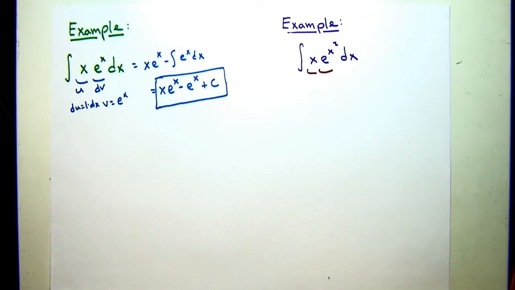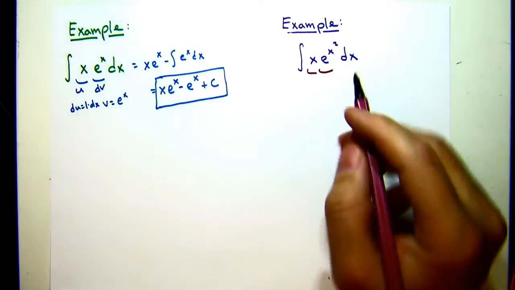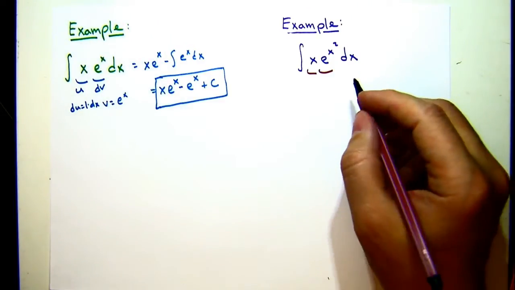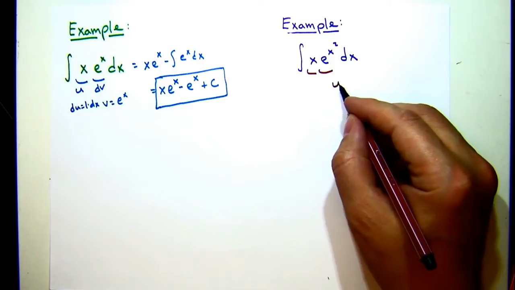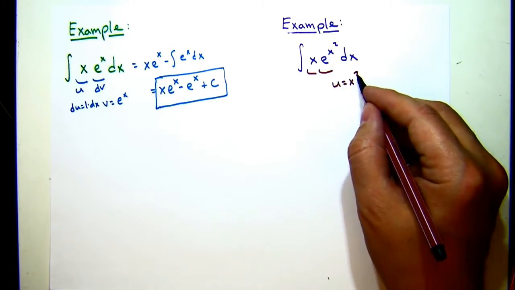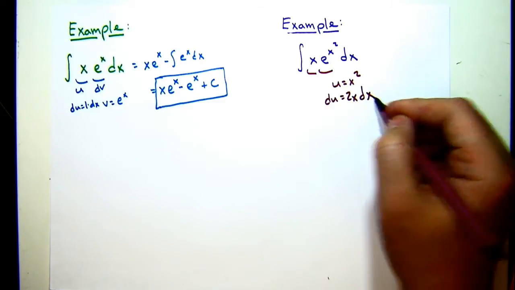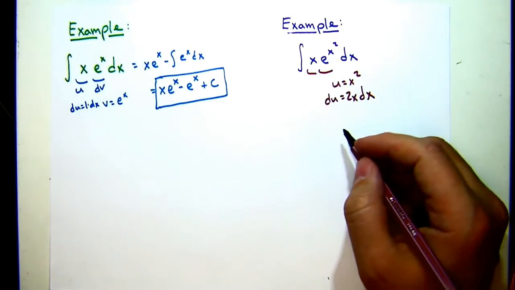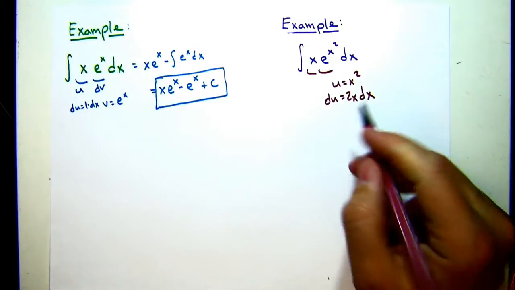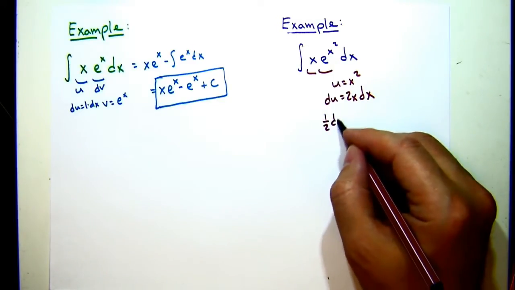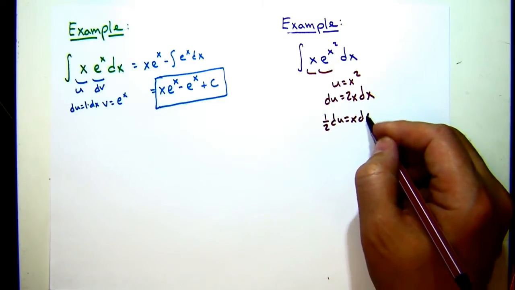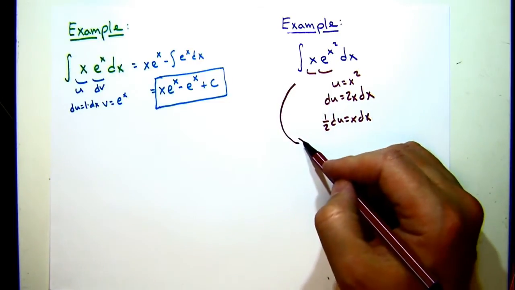Except, hold on, we can't integrate e to the x squared. So what we can do is the following. Let's let u equal x squared. du is 2x dx, or 1/2 du is x dx.